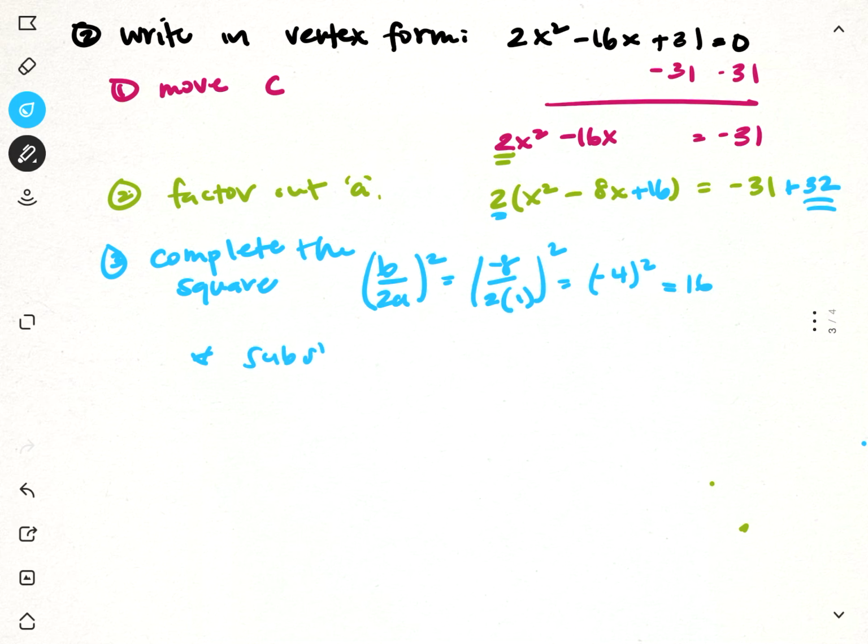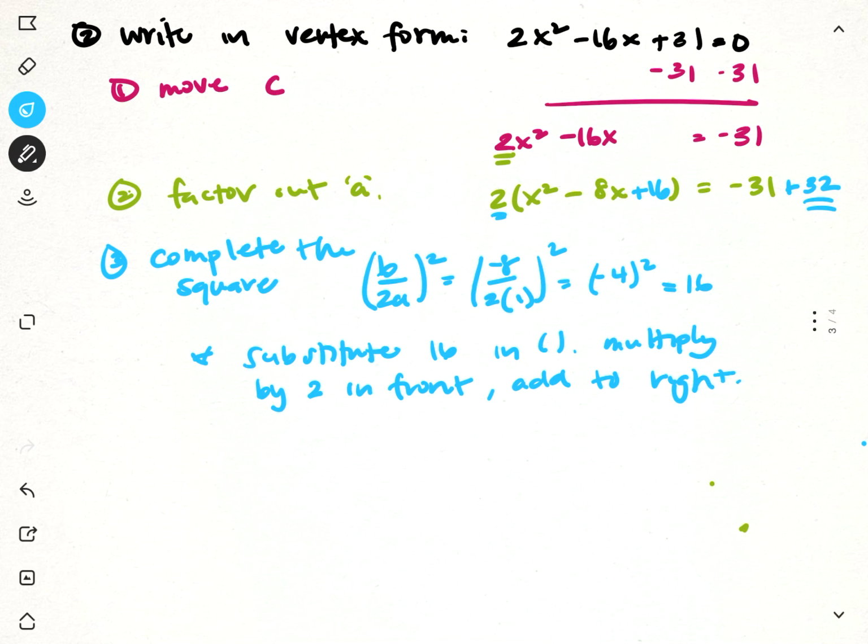So when we substitute 16 in parentheses, we have to make sure that we multiply by the 2 in front. Then add that to the right. That's a place where it could be a huge mistake. So just remember, whatever you plug in here after you've completed the square in the parentheses, we multiply that with the number in front of the parentheses to get this number here, 32.